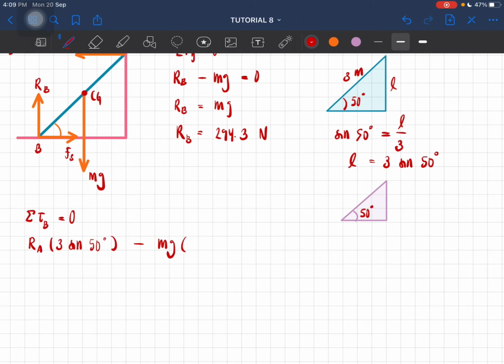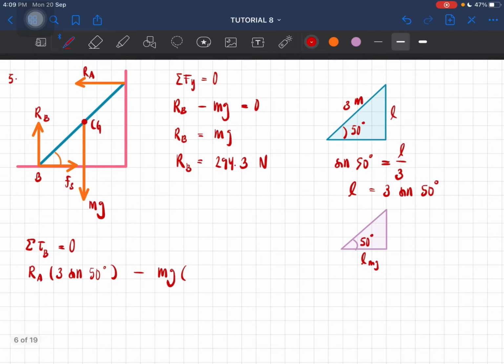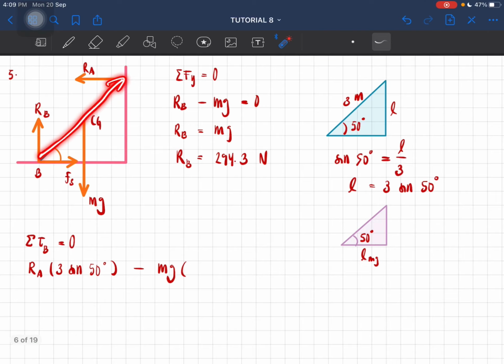I'm gonna write it as LMG. Lepas tu kita ada tadi dari sini pergi sini is 3 meter. Okay, tapi sekarang kita mau tengok from point B until this center of gravity je. So we divide by 2. This is 1.5 meter.